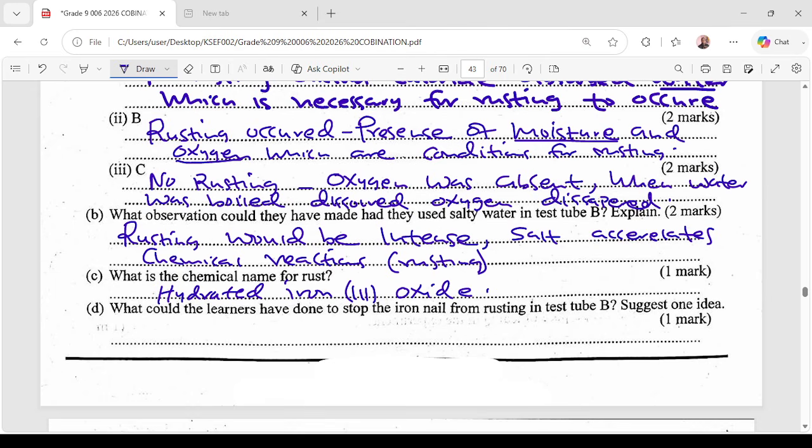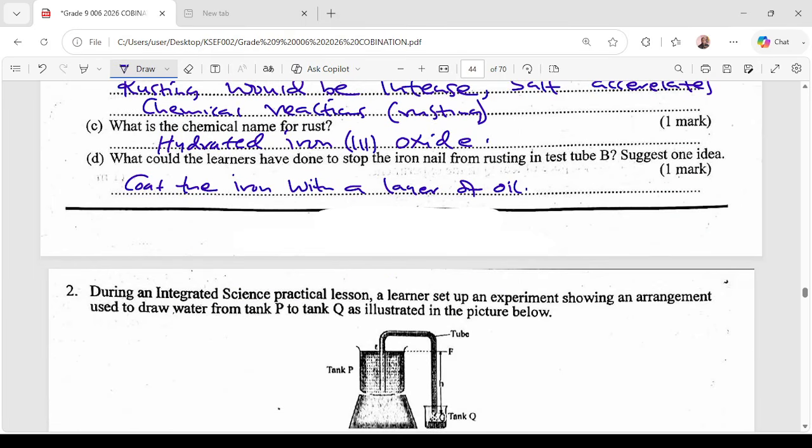Suggest just one idea. You can coat the iron with a layer of oil. That will stop the contact between iron and water, and rusting will not occur.